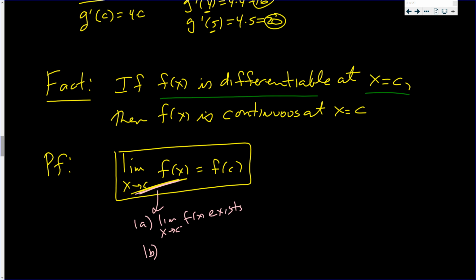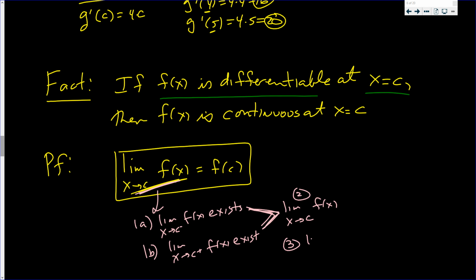It implies that the limit as x goes to c plus of f of x exists, because only when you have those two can you say that the limit of this exists. That was 2, and you need that whatever this limit is, it needs to equal f of c.